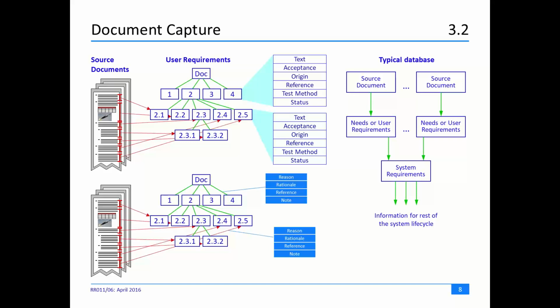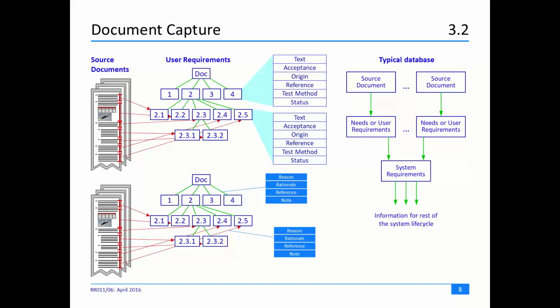And then we can do this, as you can see, for several source documents, each of which becomes its own hierarchy in the database. And then on the right-hand side of the slide, we can take these multiple source documents, bring them each into their own hierarchy of needs or user requirements, and then potentially merge them into a single set of information that become the basis for the later stages in our project lifecycle.